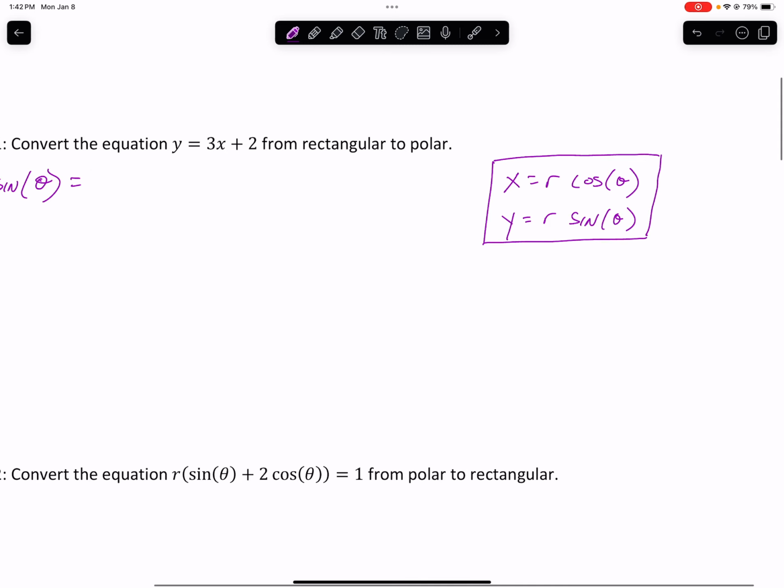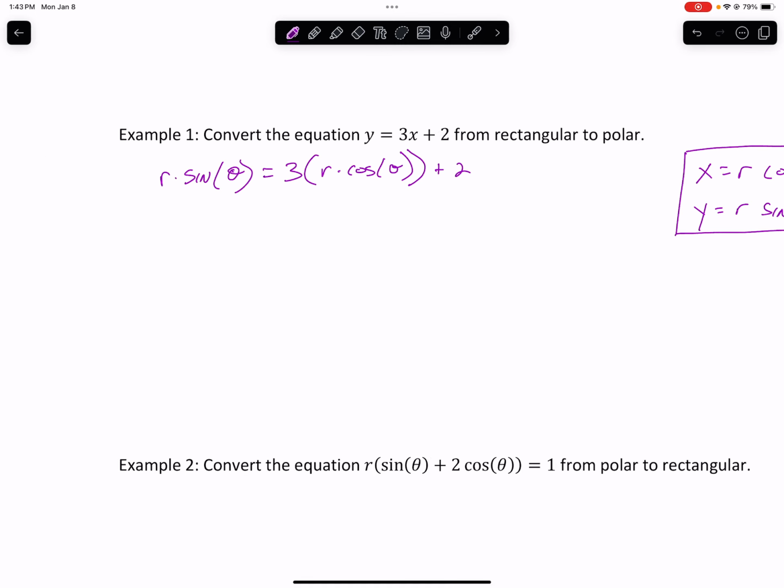Then on this side, I have 3 times x plus 2, so for the x, it'll be 3 times whatever x is. Well, x is equal to r cosine theta. So I'm going to say equals 3 times r times cosine of theta, and then plus 2. So now that's a polar equation, and it will be the same graph.